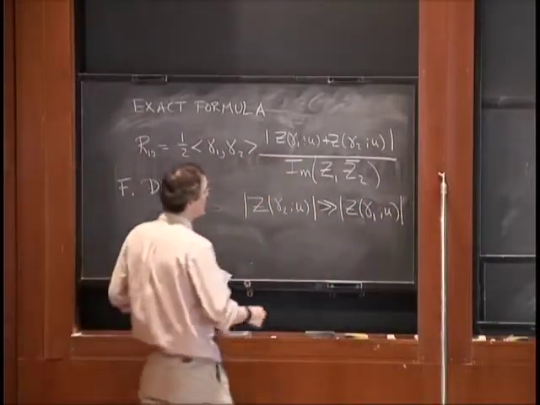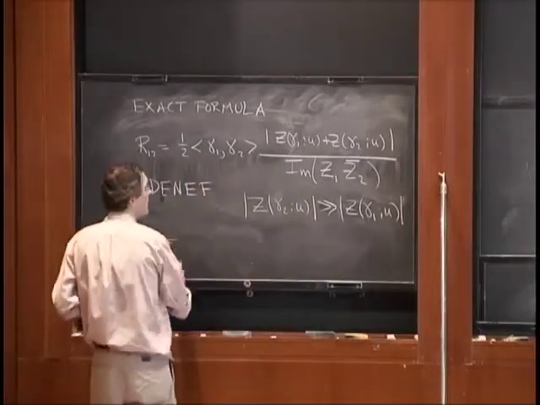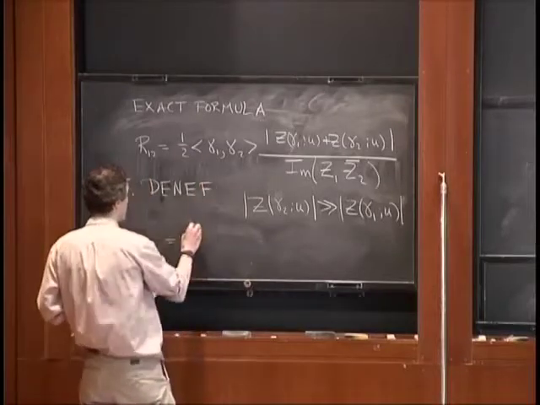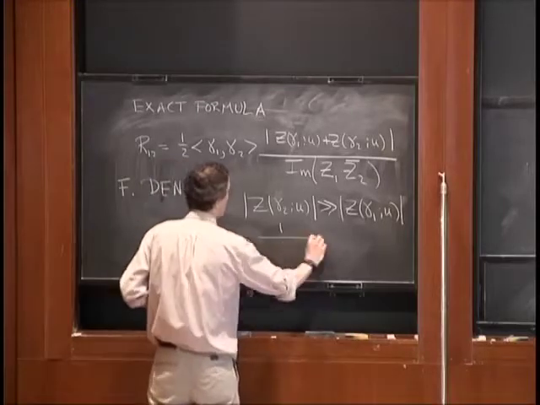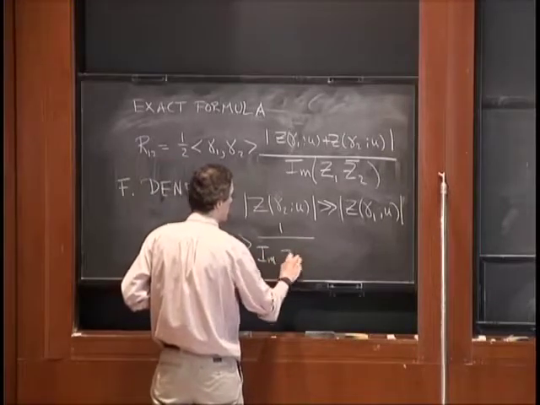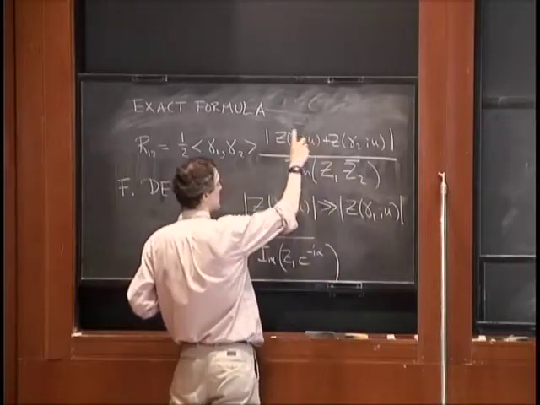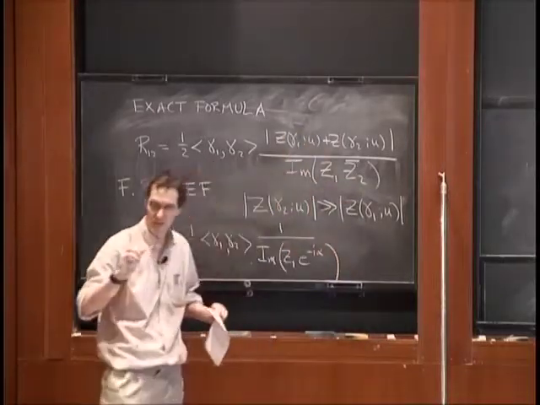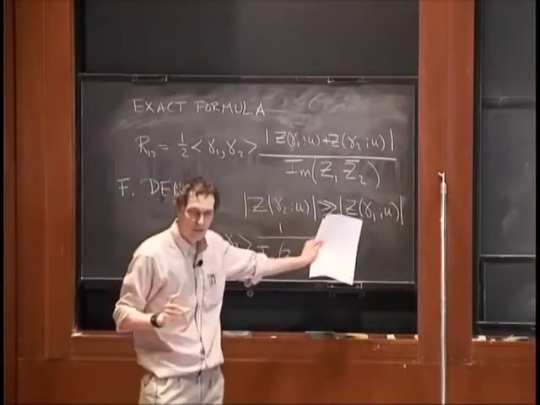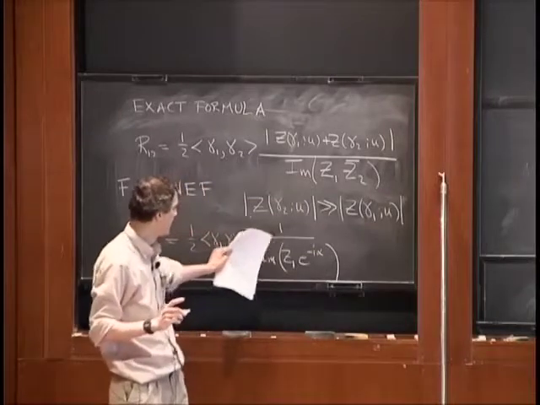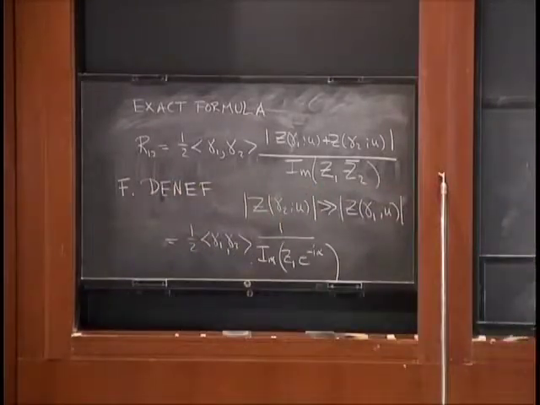Then you can check that this formula reduces to the one we derived, because one way of writing this formula is 1/2 gamma 1 gamma 2, 1 over the imaginary part of z1 e to the minus i alpha, where alpha is the phase of z1 plus z2. In that limit, where the probe approximation is valid, that phase becomes the phase alpha c. Okay, so that's the first remark.